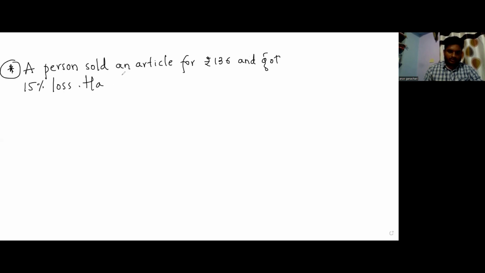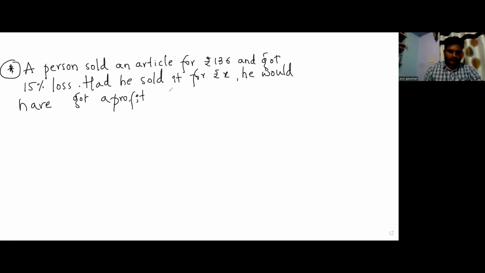Had he sold it for rupees X, he would have got a profit of 15%. What is X? Very similar question. Try this. If you don't get it, I'll solve.